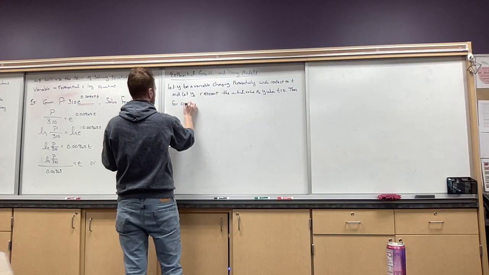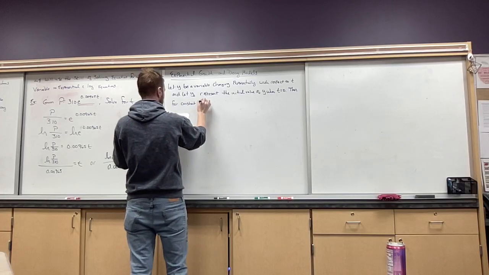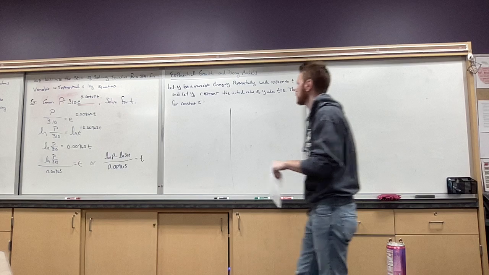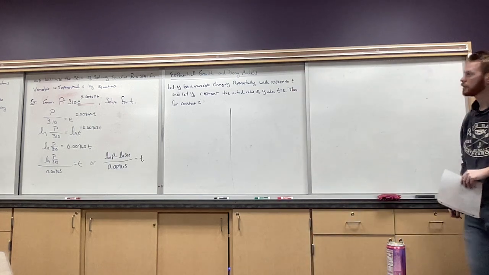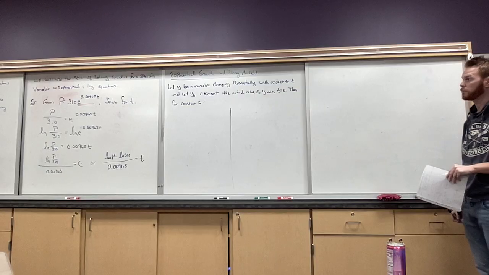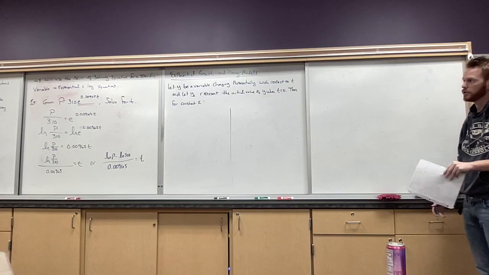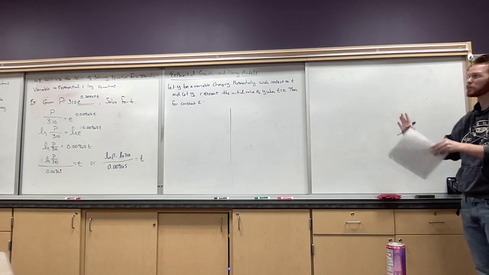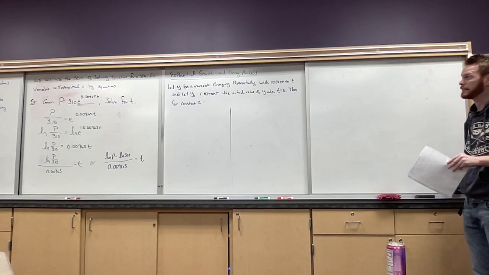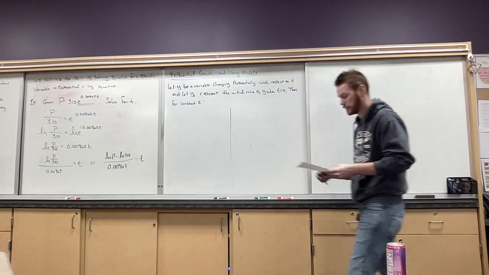Then, for constant k, now I'm going to have two situations. I don't know how you want to divvy up your notes. I'm just going to draw a line here. On the left-hand side, I'm going to talk about characteristics of what an exponential growth is. And on the right-hand side, I'll explain what a decay graph looks like, an exponential decay.